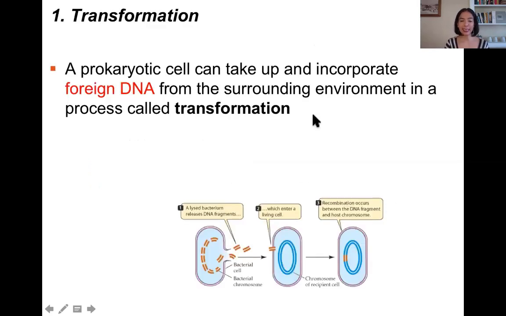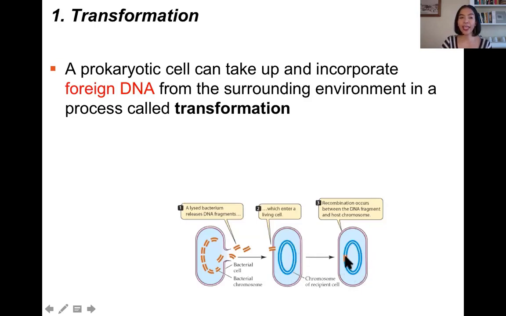In this example here, we have a bacteria that bursts, and the DNA gets chopped into small pieces. And one of these small pieces can just get inside of this other bacteria, and it is incorporated later into the chromosome of this original bacteria right here.